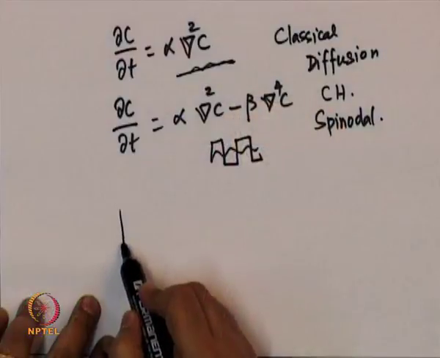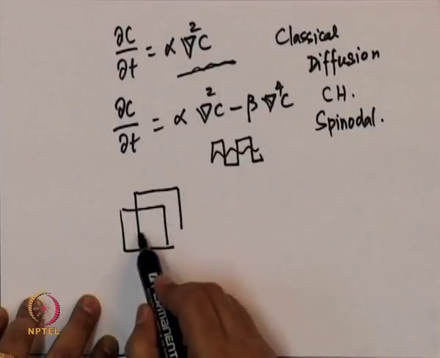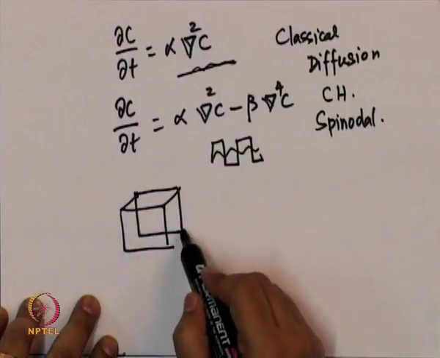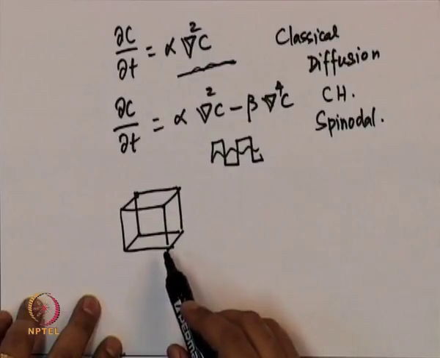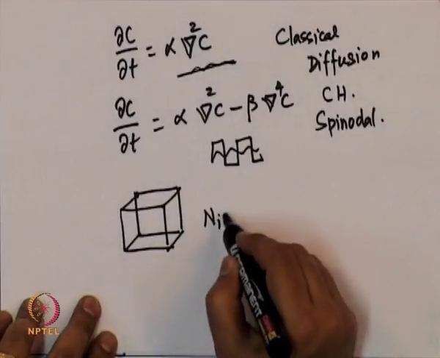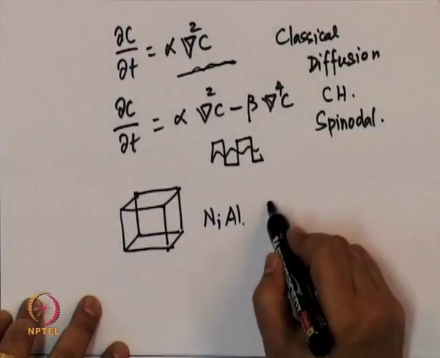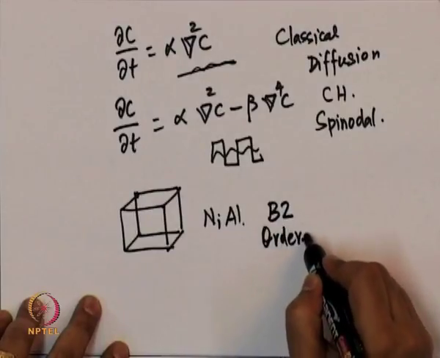If you take nickel aluminum with equal atomic percent, about 50 nickel and 50 aluminum, and look at the phase diagram, you will see that nickel aluminum forms a structure which is cubic. Nickel and aluminum are both FCC, but NiAl has a structure known as B2, which is ordered BCC.